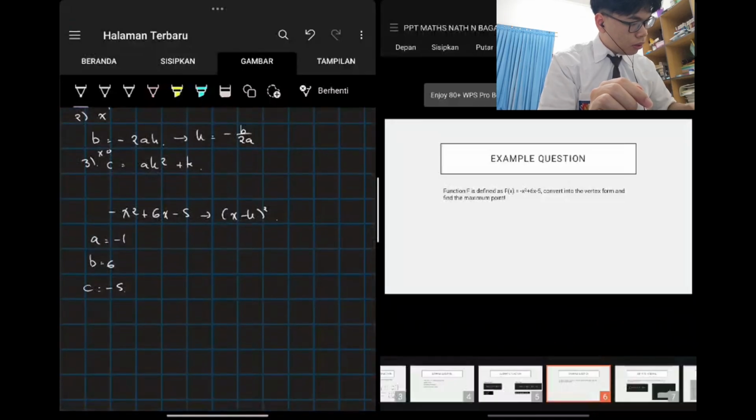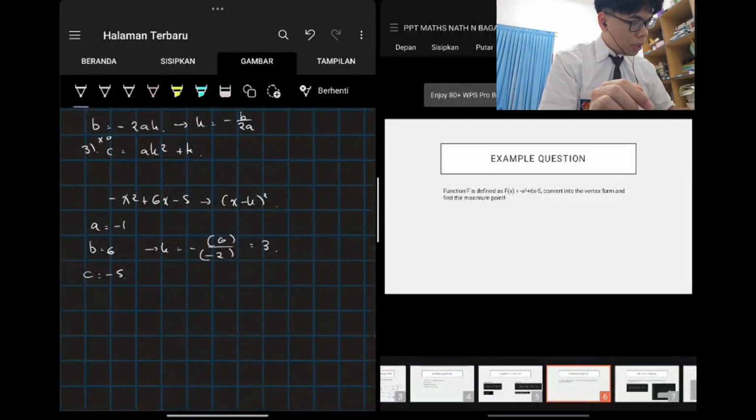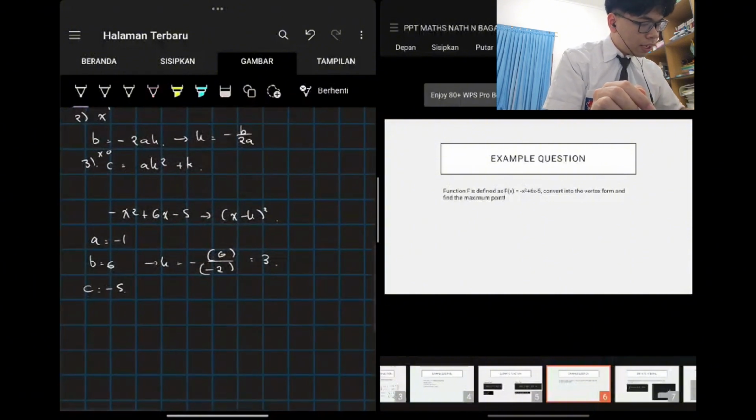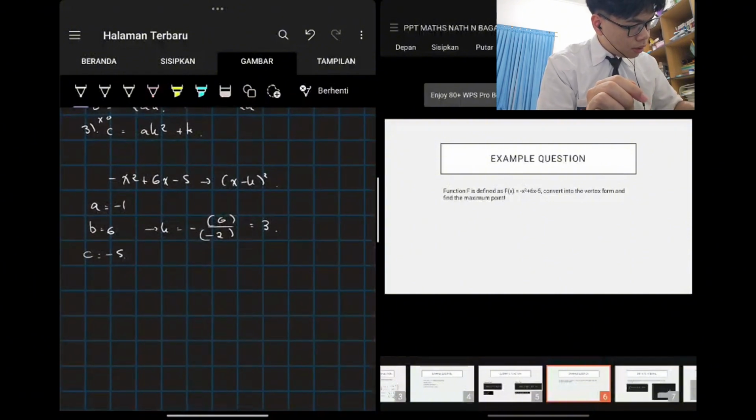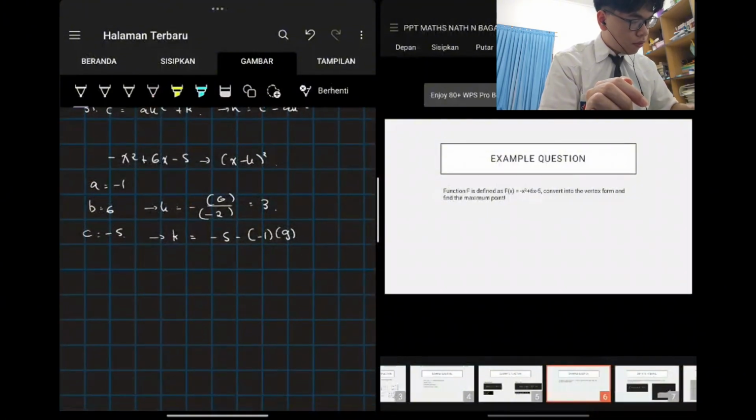Thus, h equals minus 6 over minus 2, which equals 3. And then for k, k equals c minus ah squared. So k equals minus 5 minus minus 1 times h squared, so it equals 9, because 3 squared is 9, which equals 4.